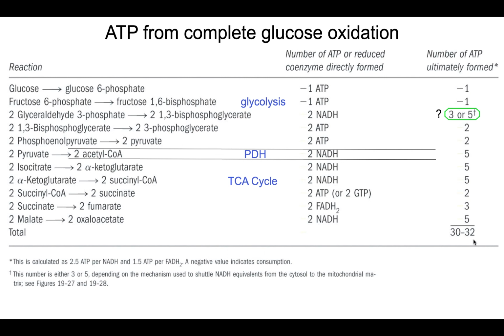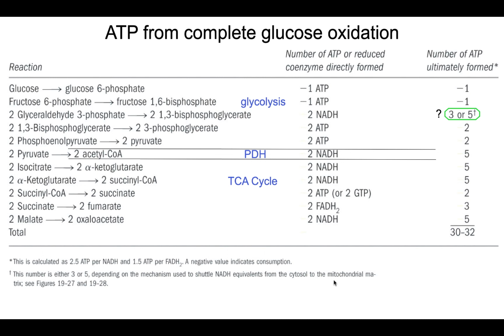The question now, what does this mean? Why is it 3 or 5? It's in regards to the NADH that's in the cytoplasm that came from glycolysis. Let's take a look at what this little dagger is saying. It says this number is either 3 or 5, depending on the mechanism used to shuttle NADH equivalents from the cytosol to the mitochondrial matrix.